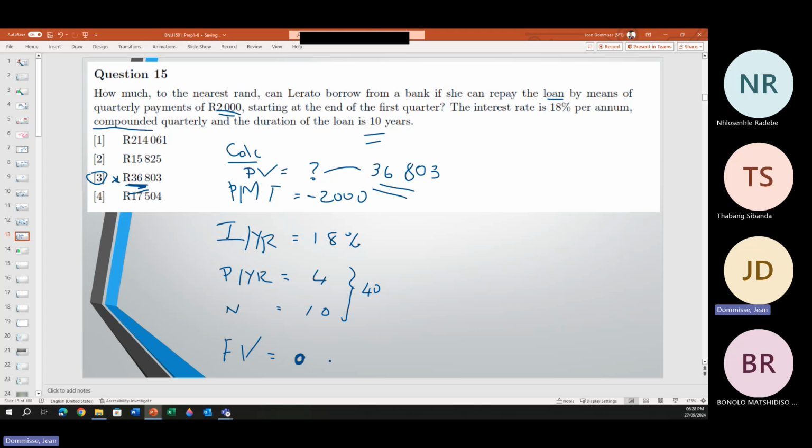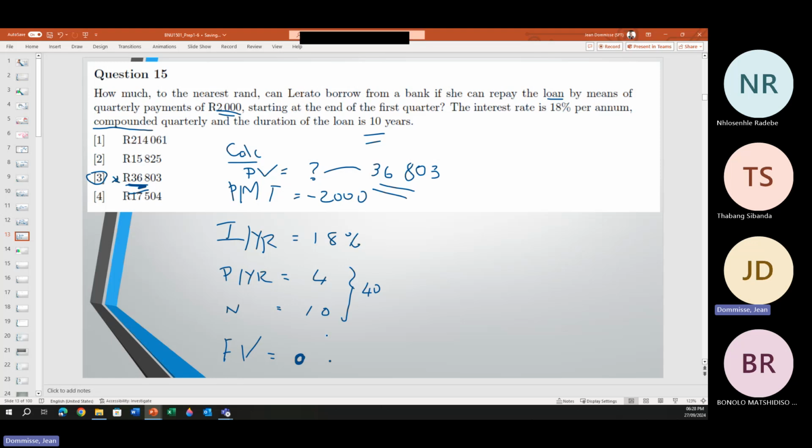If they had said that she put away 2,000 rand every quarter, after 10 years, how much would she have earned? It would have been the future value amount. That's the trick between the two.